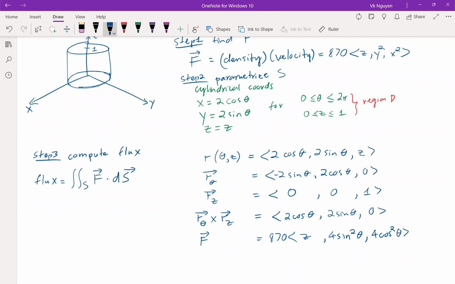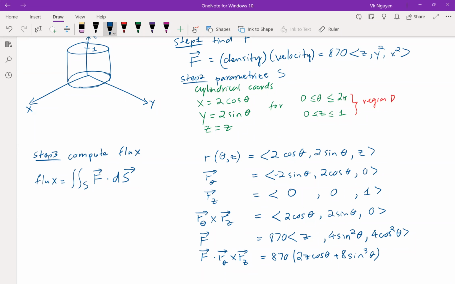Dot them up: 870 times 2z cosine theta plus 8 sine cubed theta.